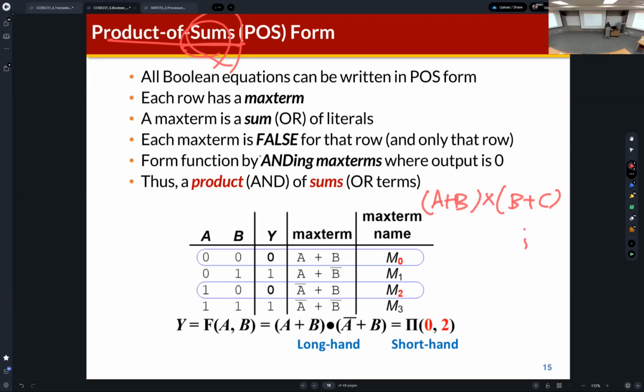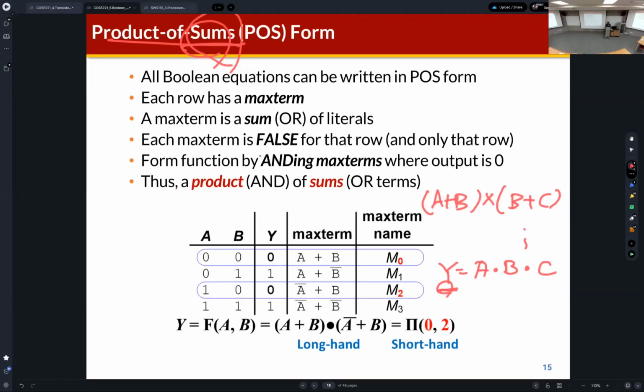So you can think like this. So y equals a multiply b multiply c. Then how can you make y 1 using these terms a, b, c? So these are ANDs, right?